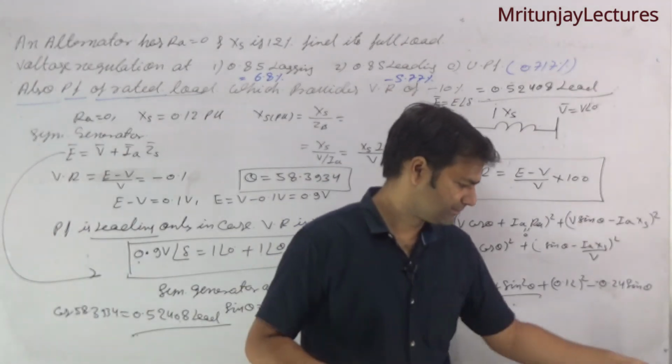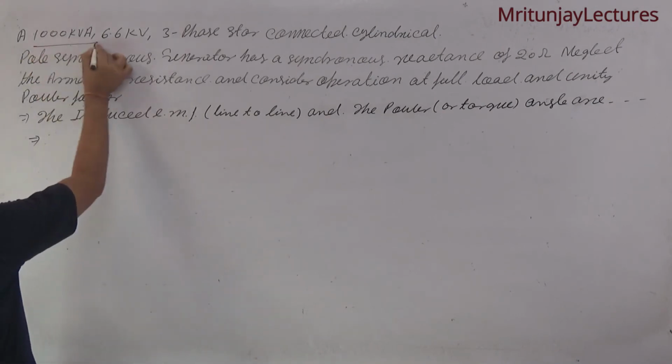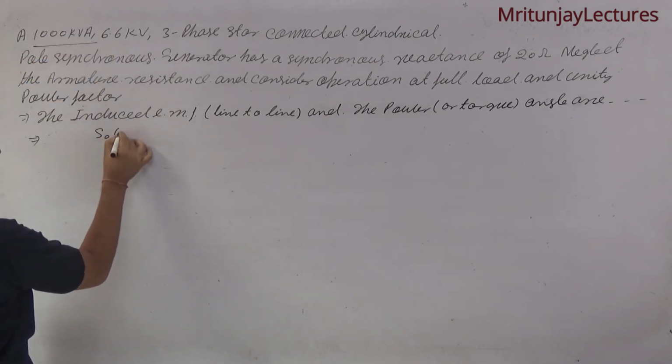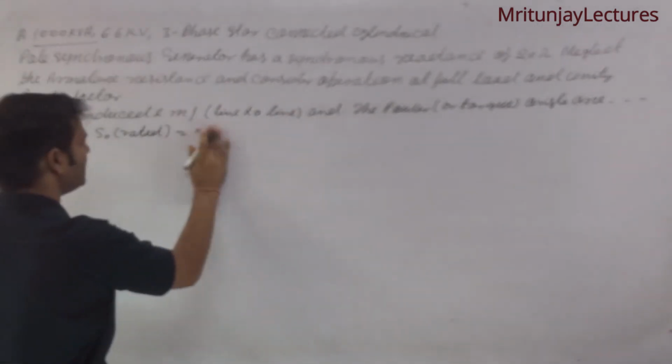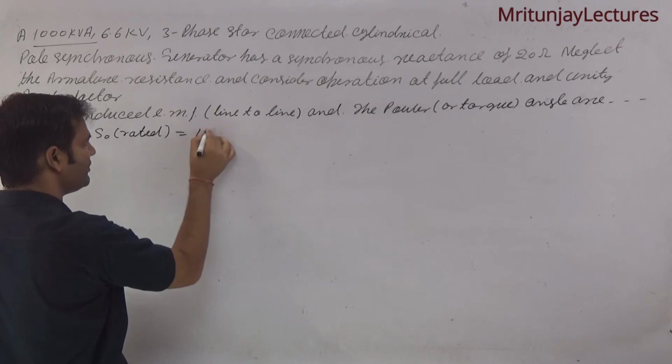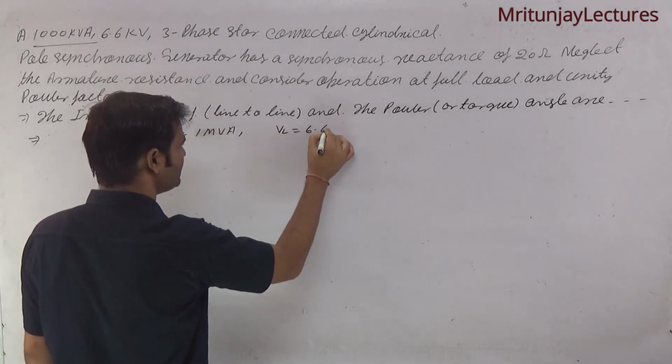Clear? Make it. Now corresponding to the question, S naught, that is the rated 1000 kVA, is given. 1000 kVA is written as 1 MVA, and the line voltage is 6.6 kV.